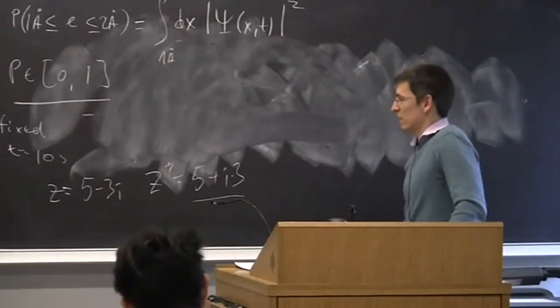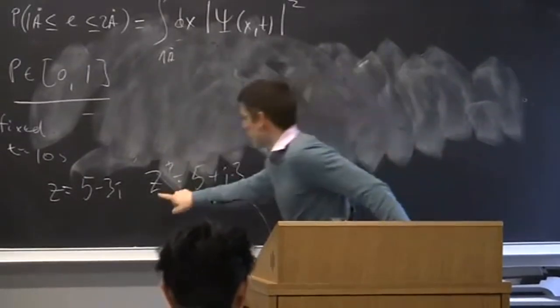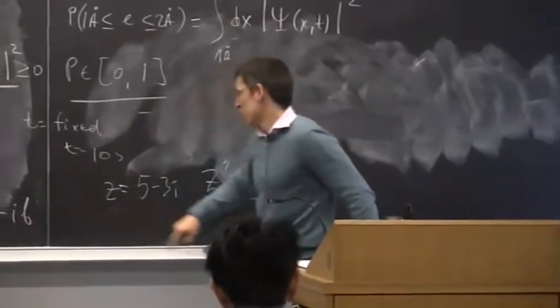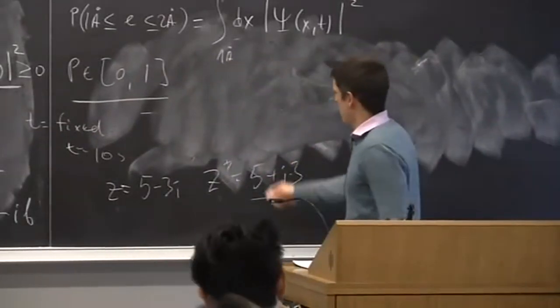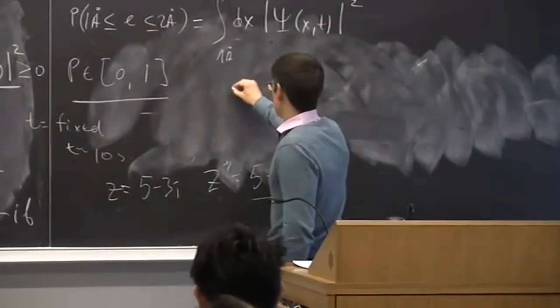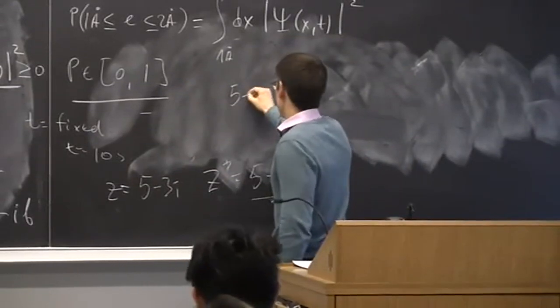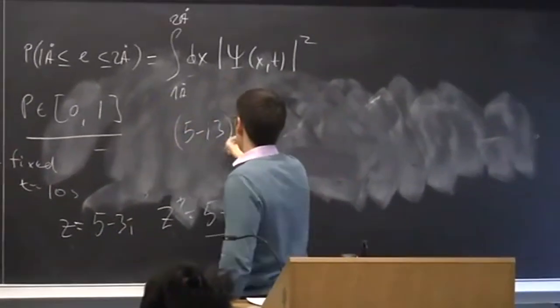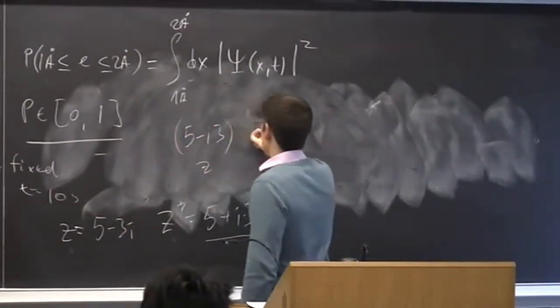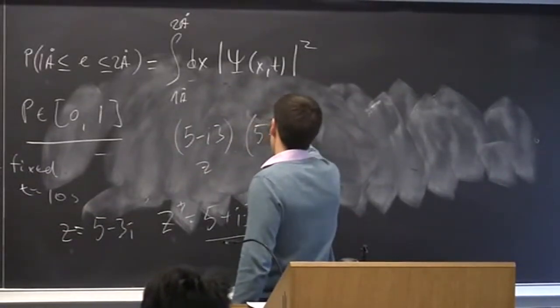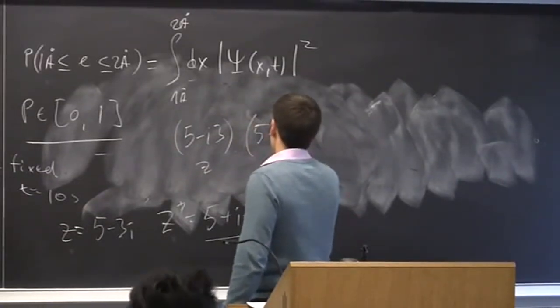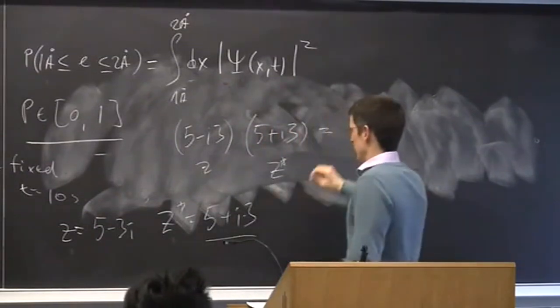Now, why does it make everything positive? Like, why, if you multiply Z star with Z, do you always get a positive number? That can be easily seen by just doing the algebra. 5 minus I3, that's the Z part, multiplied by 5 plus I3, that's the Z star. What do we get?